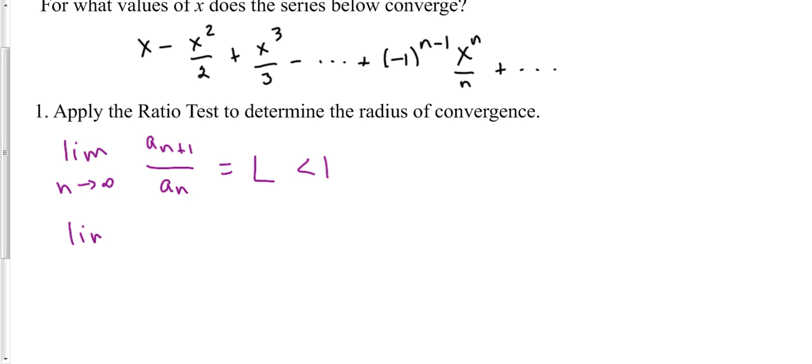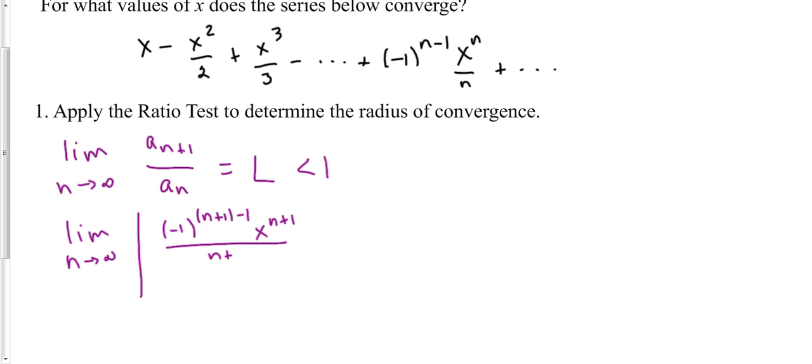So we're going to have the limit as n goes to infinity of the absolute value of the n plus 1 order term, which is going to be negative 1 to the n plus 1 minus 1 times x to the n plus 1 over n plus 1.